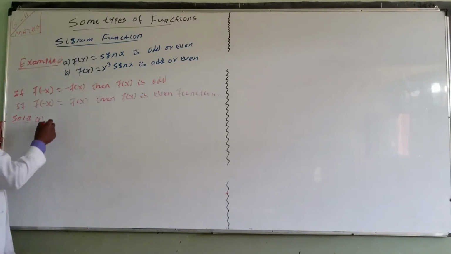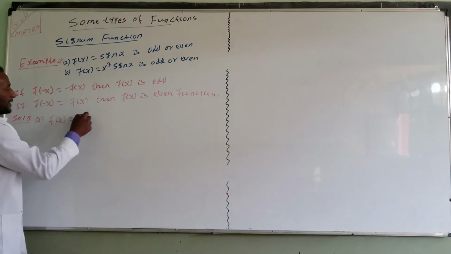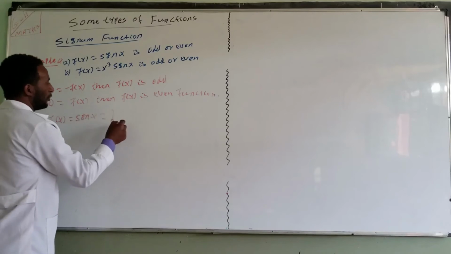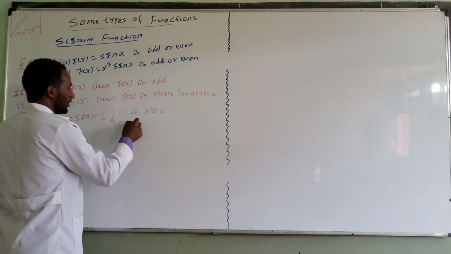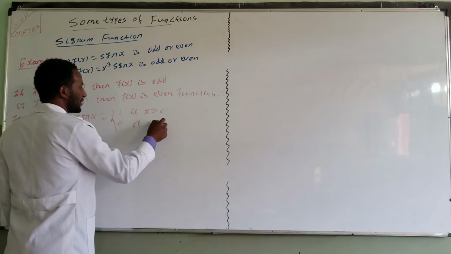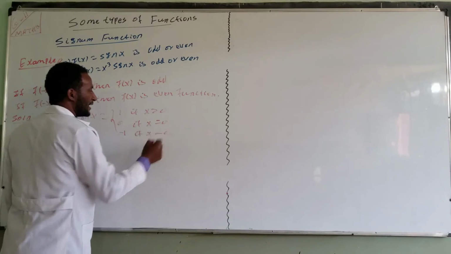Solution for A: f of x, which is equal to signum x, is equal to 1 if x is greater than 0, 0 if x is 0, and negative 1 if x is less than 0.